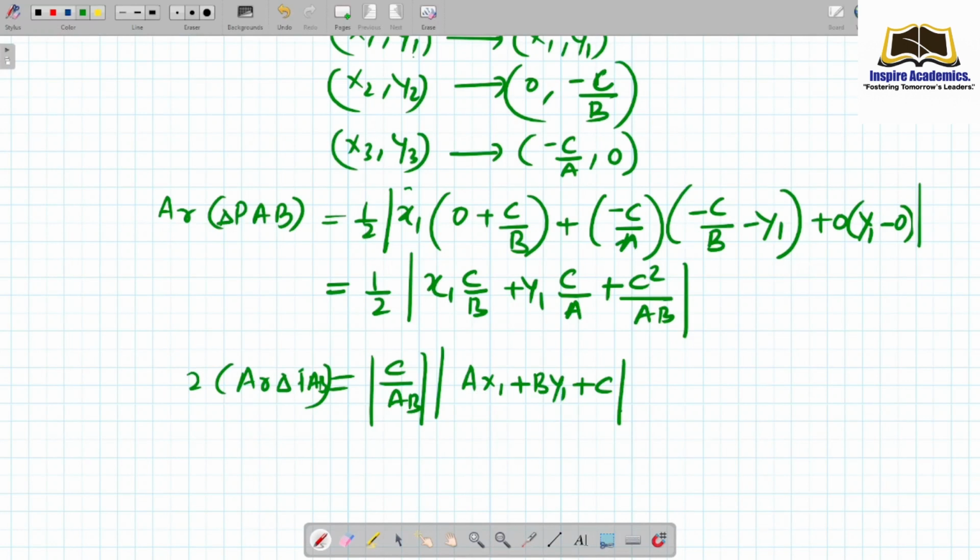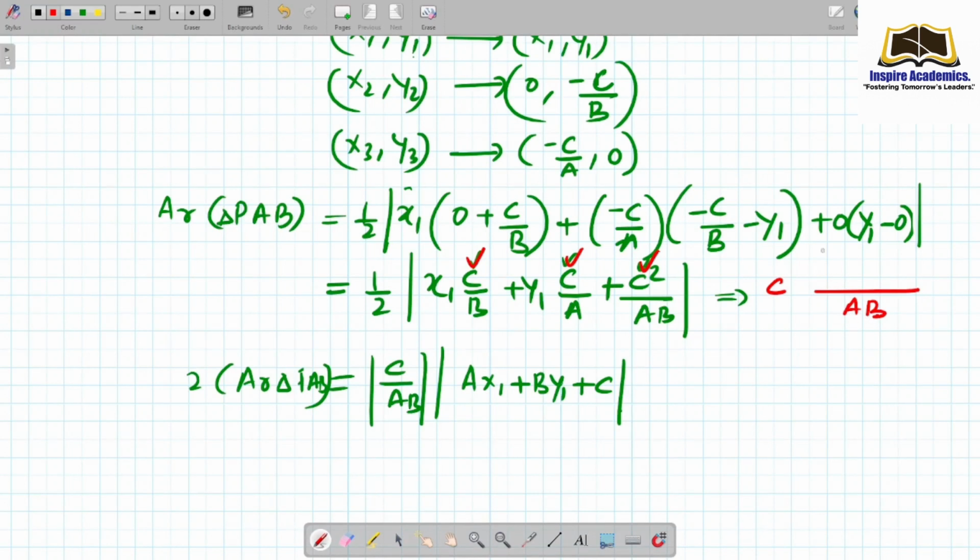After you take LCM, all you are doing is taking an LCM. C is anyway common here, here, here. Are you with me? C is common. So what are you doing? You are taking C outside and taking AB as your LCM.